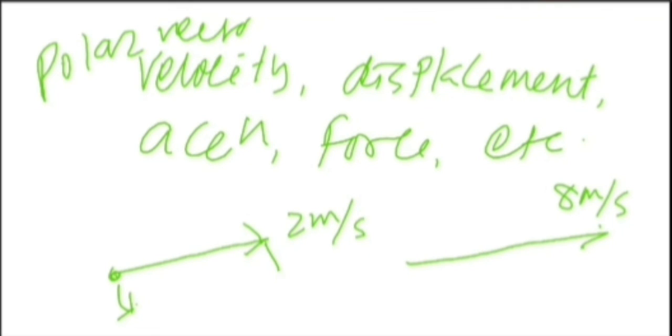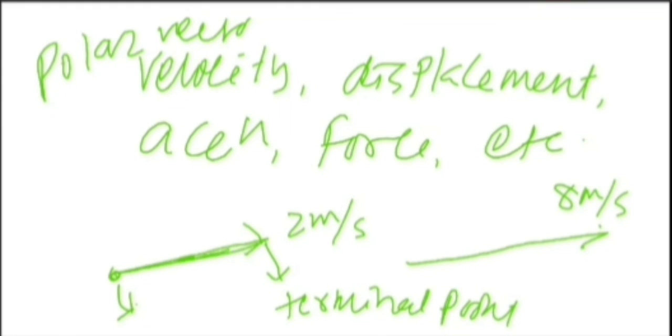It has a starting point and a terminating point. So when we join the starting point and terminating point, there will be a line. So polar vector belongs to a straight line. Examples of polar vectors are force, velocity, acceleration, etc.